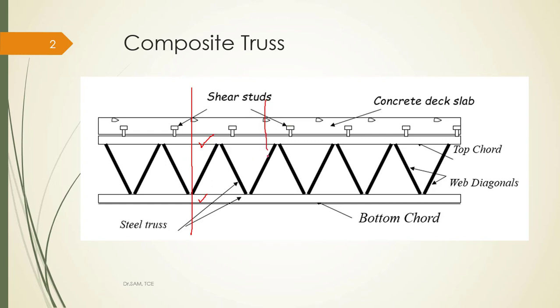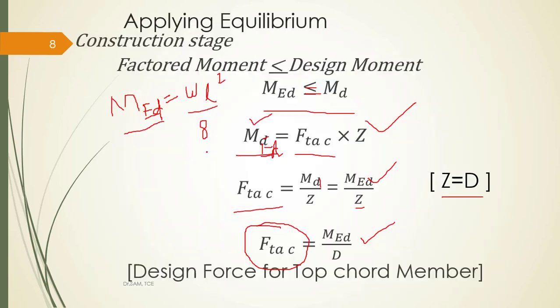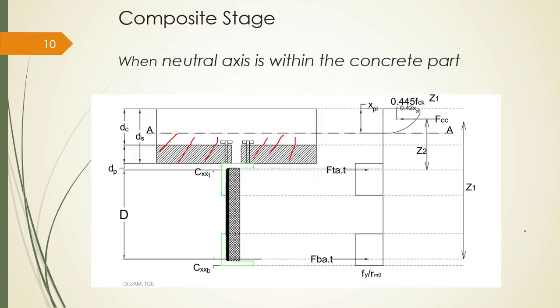When I am taking another section where I have the contribution of top chord, web member as well as bottom chord member, when comparing the two cases, this is found to be more critical. Therefore, in the stress calculation, we will take the critical case that the web angle is not expected in the load transferring mechanism.